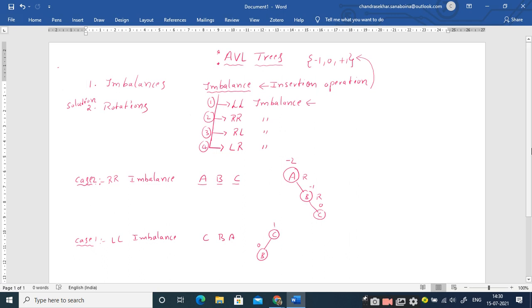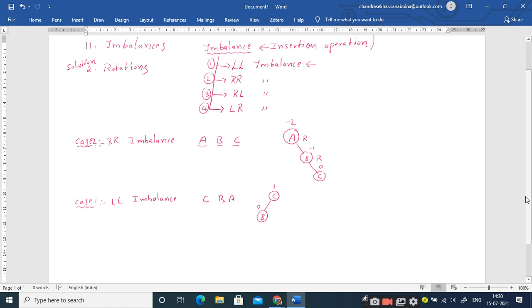Now if I want to insert another element A, since A is less than C and B, A comes as the left child of B. Now if I recalculate the balance factors of all these nodes, A has 0, the balance factor of B is 1, and the balance factor of C is 2.